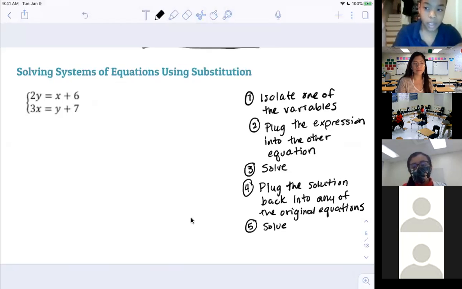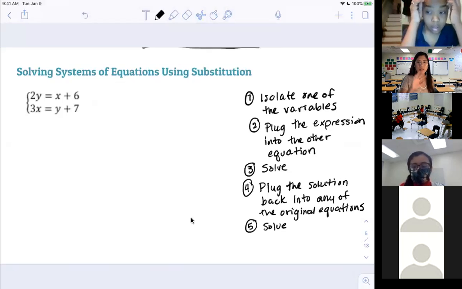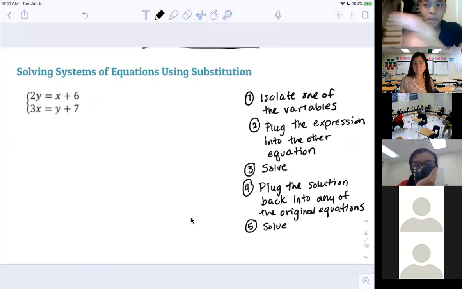When I tried to plug x into the 3x thing, it asked me for y, and then y asked me for x. Okay, so what I think is happening is that you might be plugging it into the wrong equation. So let's go back. Let's do this one together. It's kind of the same thing with the first one too. Let's see what happens.